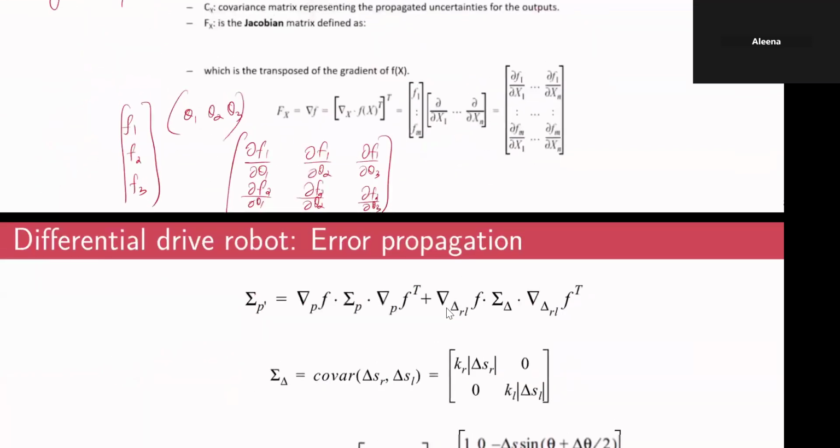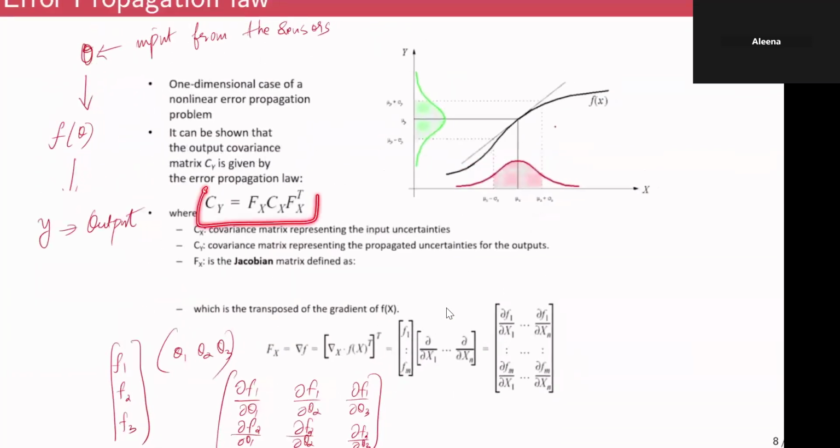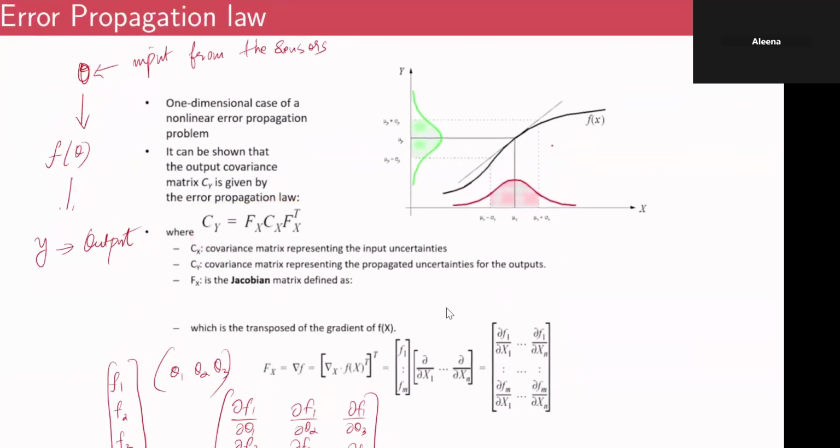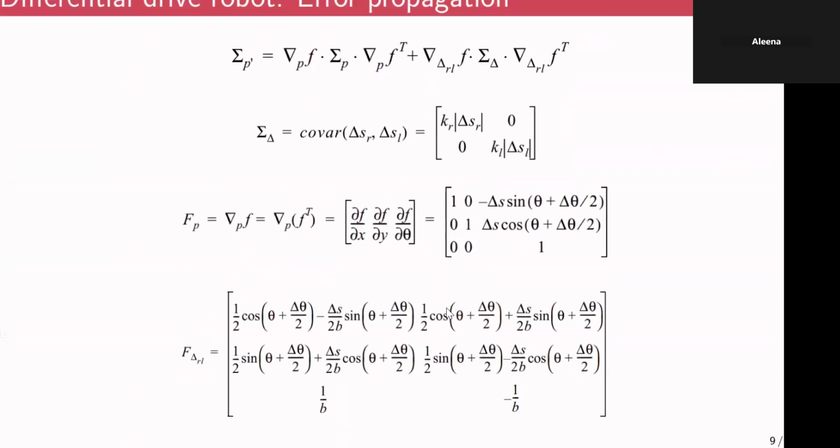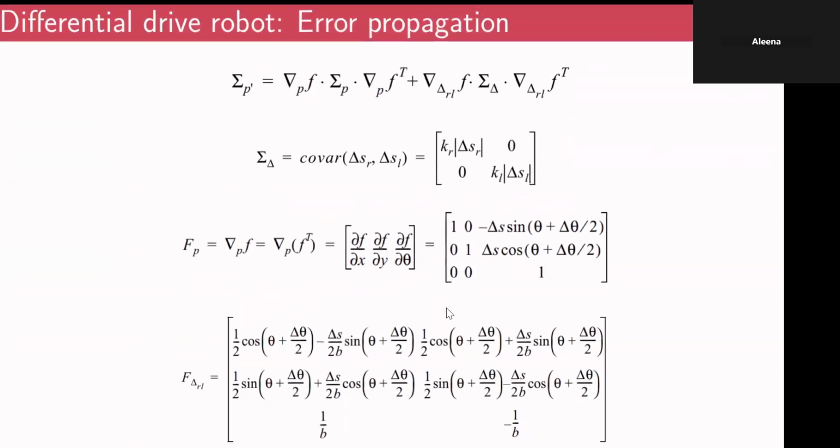All right. So then how can we use this relation, or how can we use this error propagation into odometry? We use this information in odometry to estimate the uncertainty of our prediction.